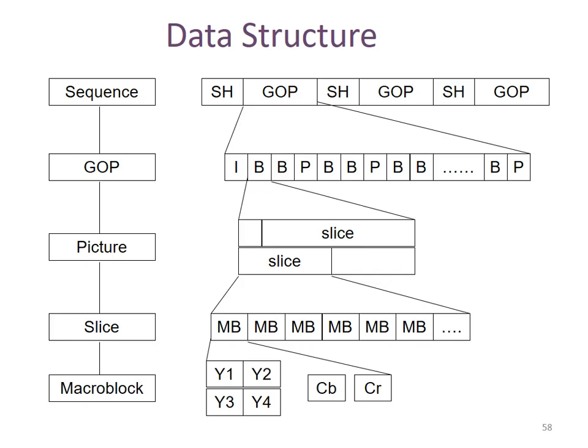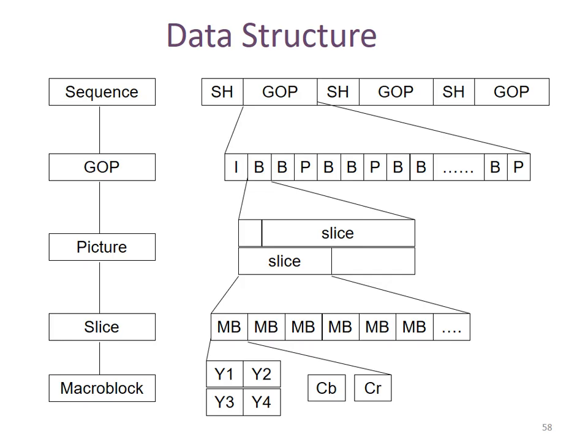And macroblocks are also composed of different components: Y, Cb, Cr. You can see in this data structure, the top is the sequence, and the bottom is the YCbCr component within each pixel. Each pixel can be divided into three components, Y, Cb, Cr.